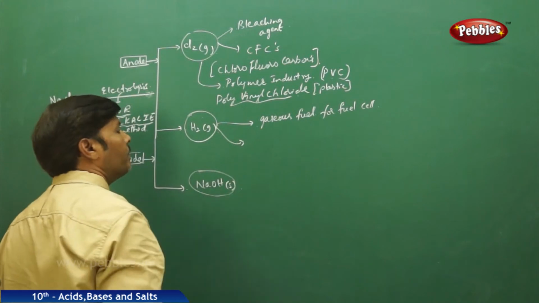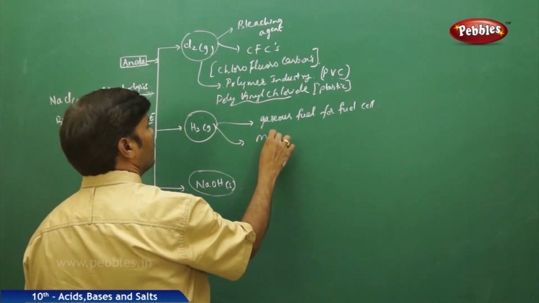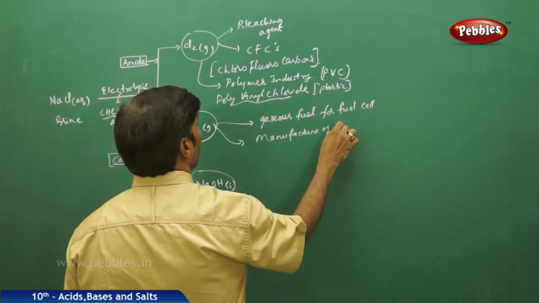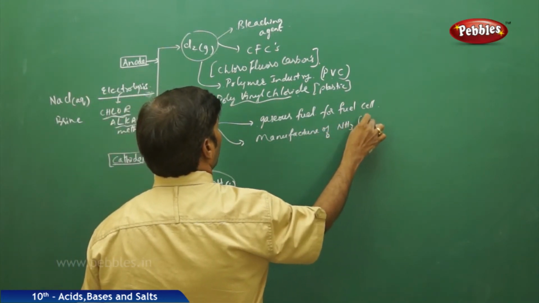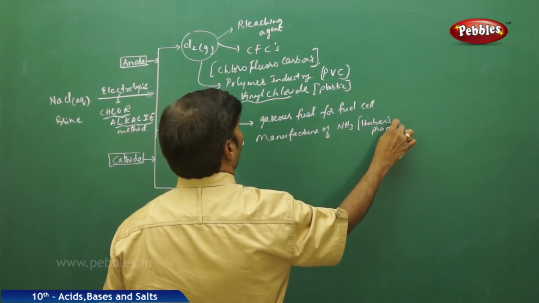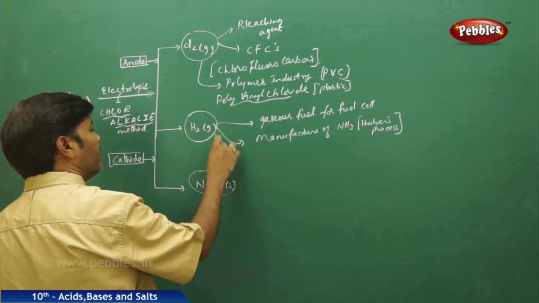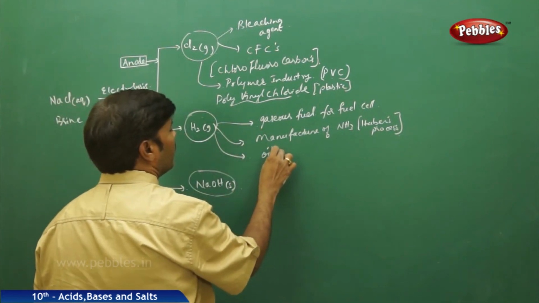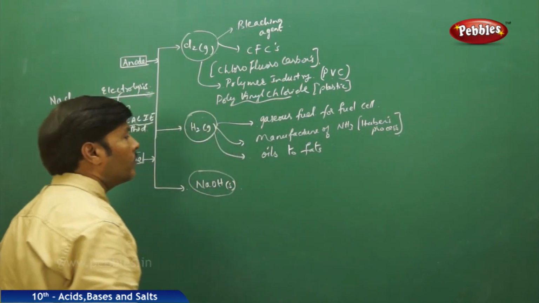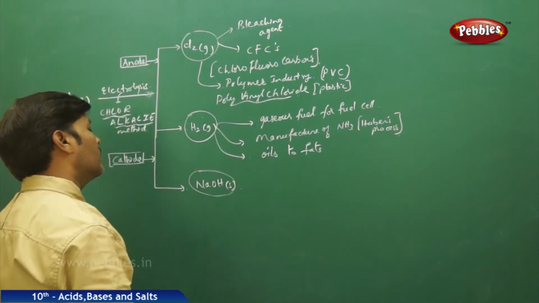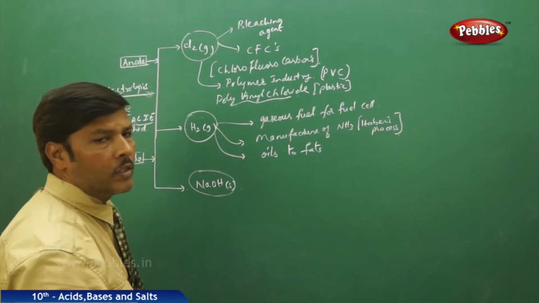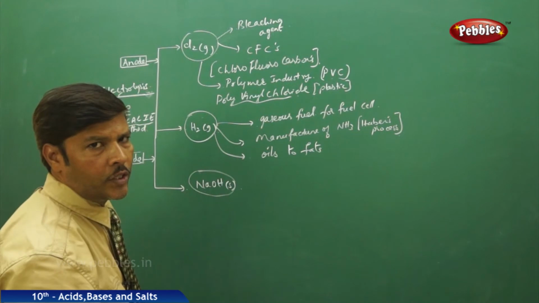The same hydrogen is also used in the manufacture of ammonia through Haber's process, in the conversion of oils to fats, and for producing water vapor for astronauts during space exploration.